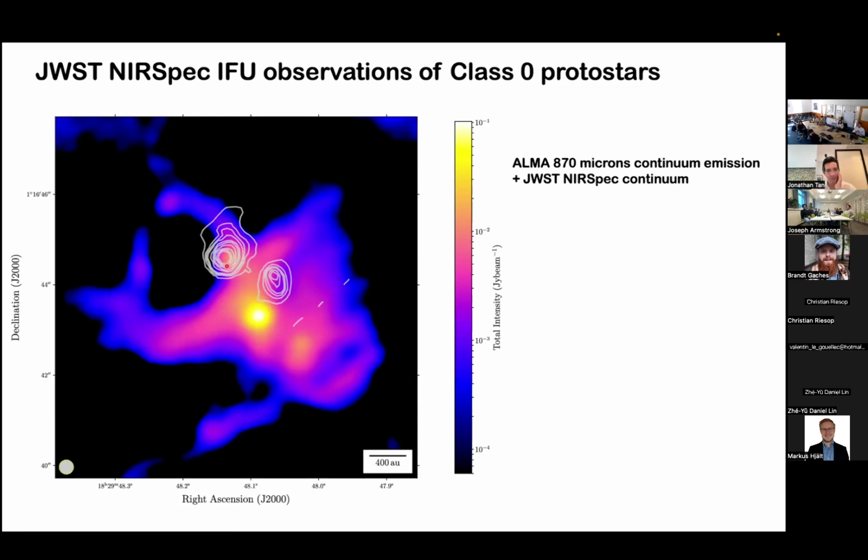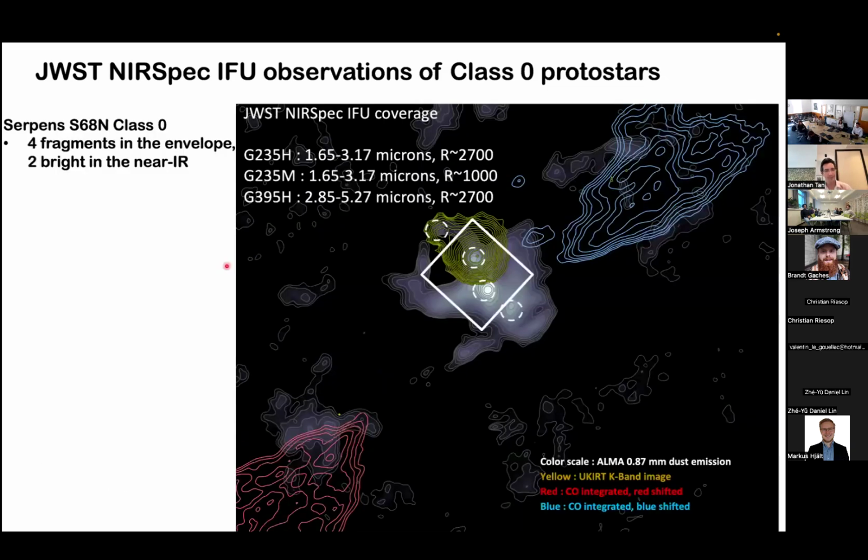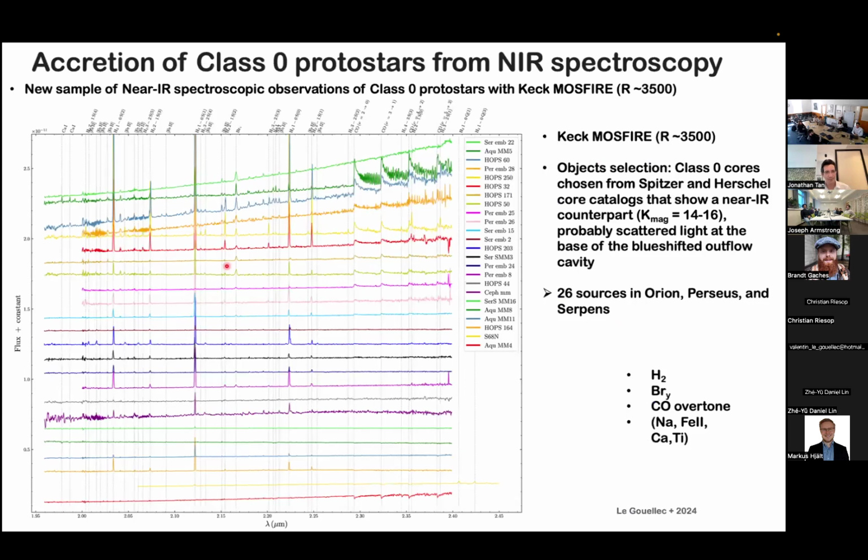But if it was scattered light, wouldn't you expect to see absorption lines? Yeah, you do expect to see the photosphere, but usually, and this is what we see in this first survey of Class 0 spectra, when you see a lot of emission, you don't see absorption.